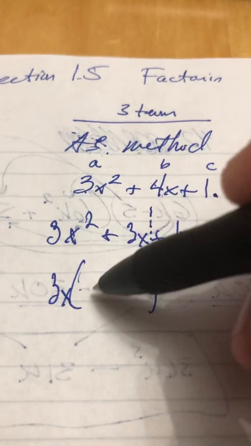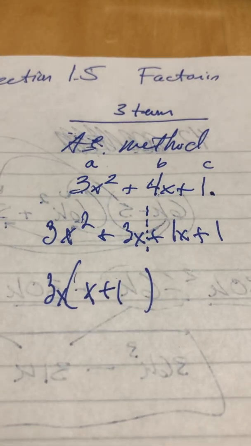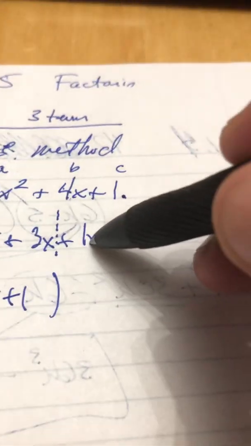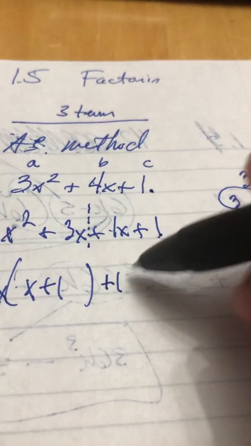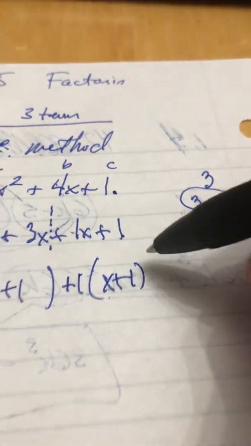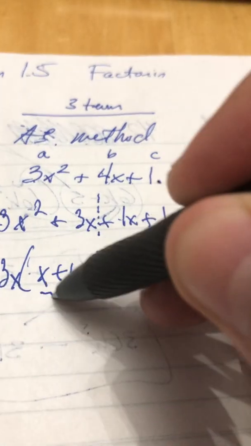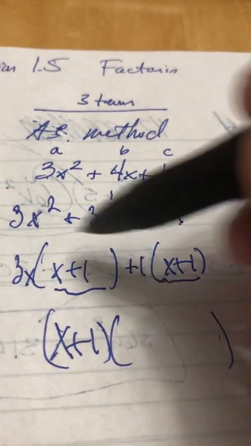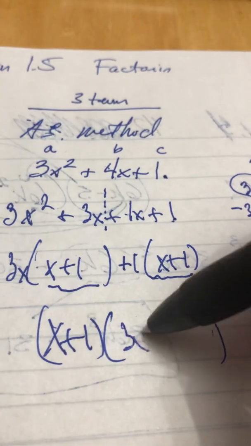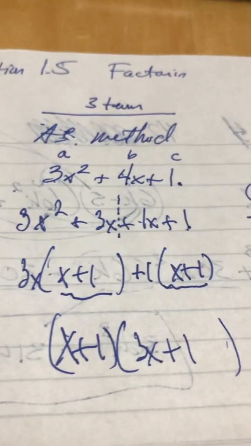And that's going to leave you with an x plus 1. Now, what's in common in these 2? Well, just a positive 1. Now, that'll leave you with an x plus 1. And if you'll notice, the banana labels match. So you've got x plus 1, and what's left over is that 3x and that plus 1.